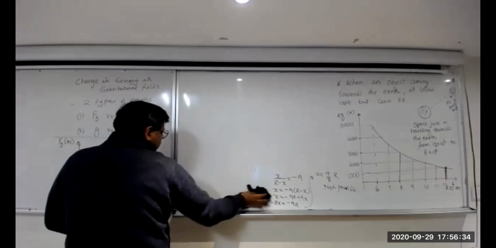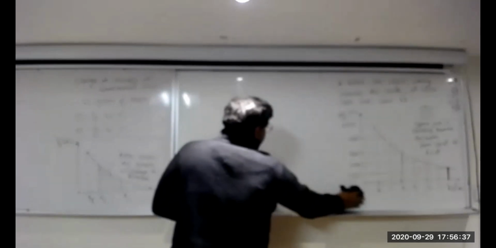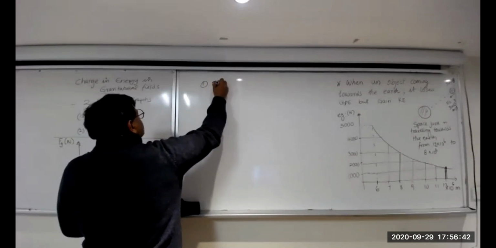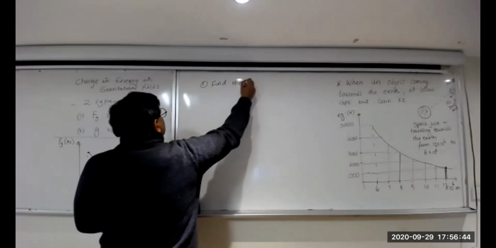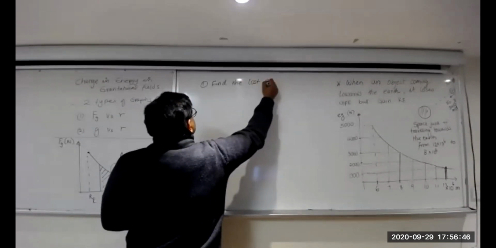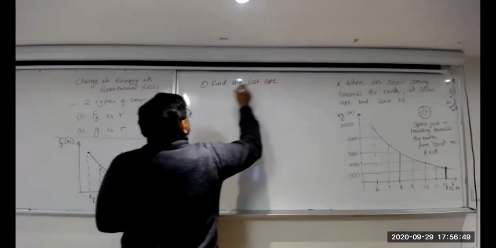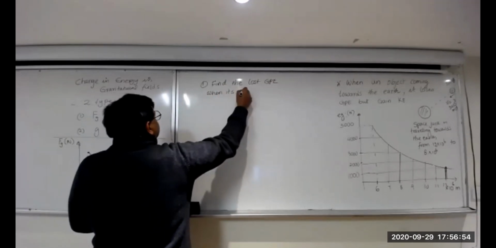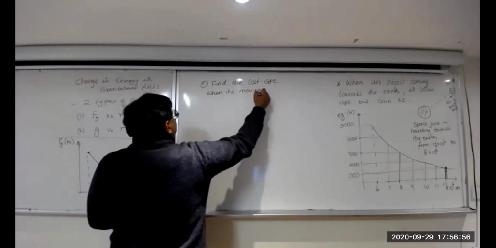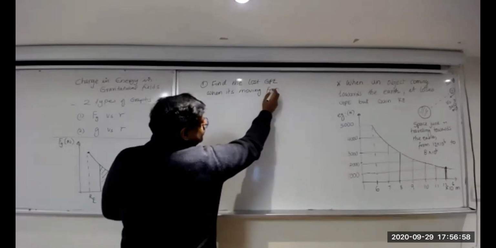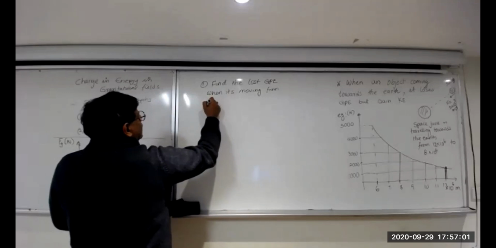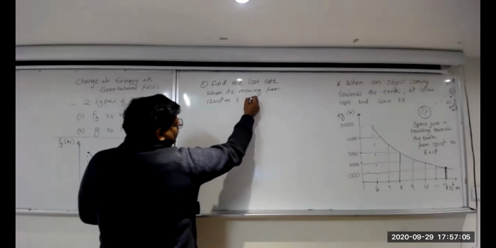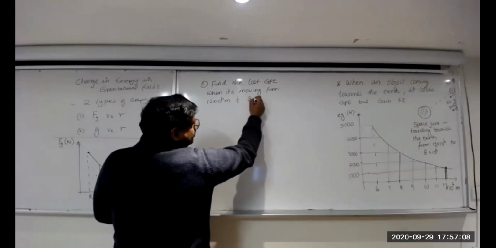Find the lost GPE when it's moving from, well, I'm saying 12 times 10 to the power 6 meters to, because remember it's speeding up, it's losing its gravitational potential energy.